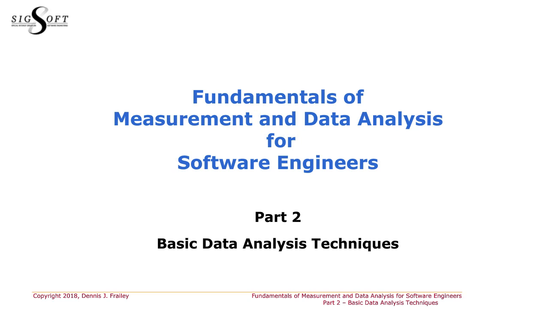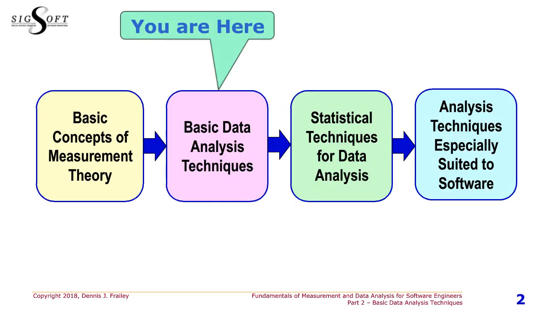Okay, let's move on. We are now in Part 2 of 4. Last time we talked about measurement. Today we are going to continue to talk about measurement, but also move on into analysis. The focus of today is in two areas.